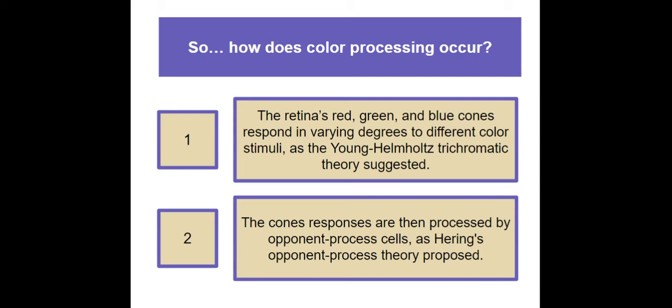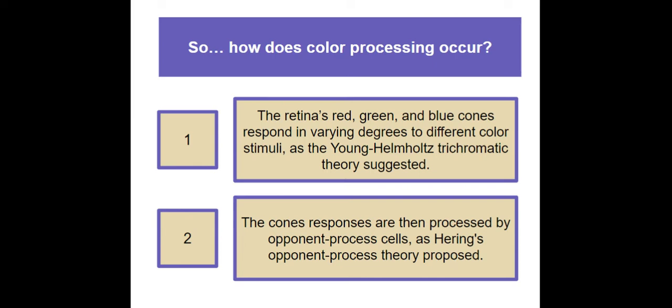The opponent process theory, on the other side, is all about the response of those cones. Is it going to be a red or a green color? A blue or a yellow? A black or a white? For any of those combinations, you take the total of all of those cones added up, and that will be the color that the brain perceives. I know that's kind of confusing, but make sure you know those two theories.